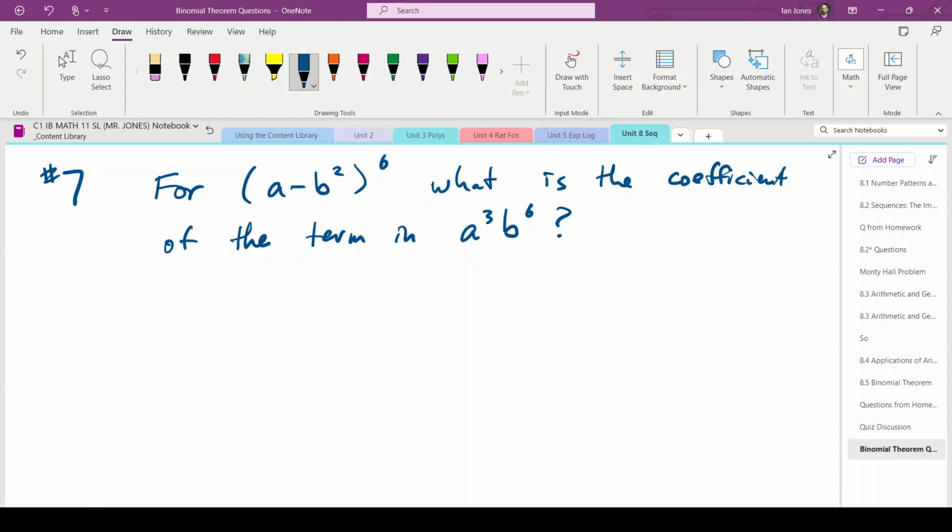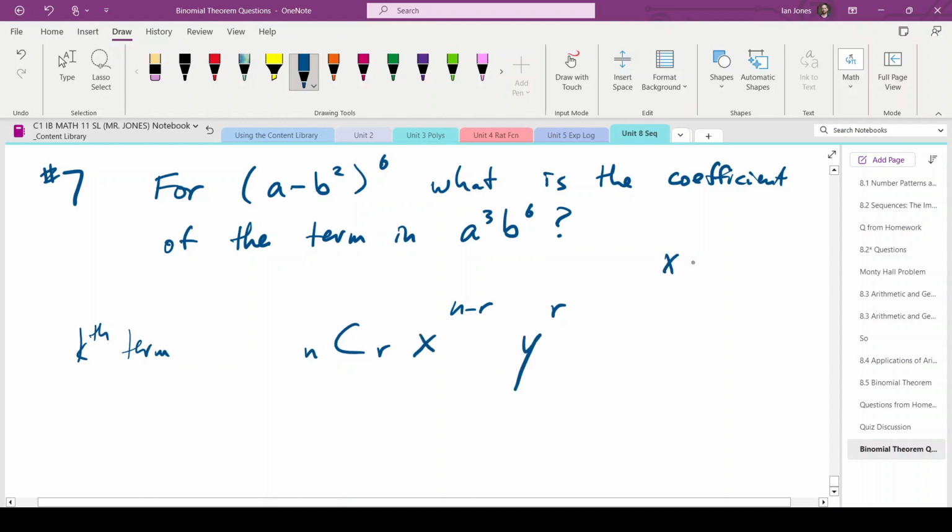Okay, now we're looking at a specific term, so I only need to say the kth term is given by n choose r, a to the n minus r, b to the r, where k, of course, is 1 bigger than r. But here they're giving me a's and b's, so I don't really feel like using a and b down here anymore. I might prefer to use x and y this time.